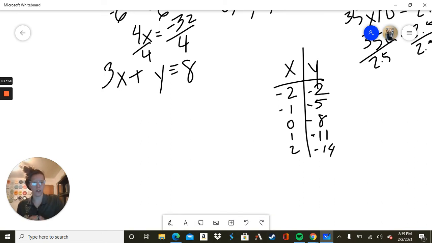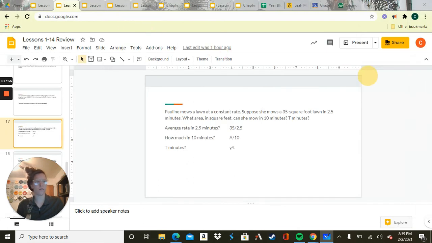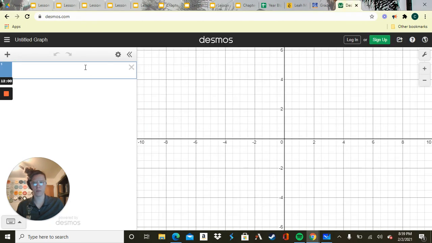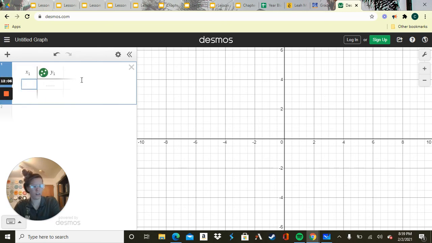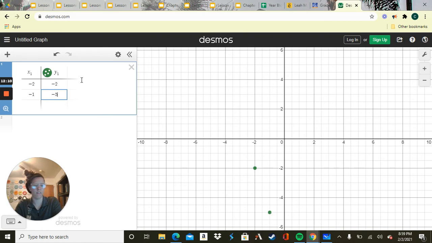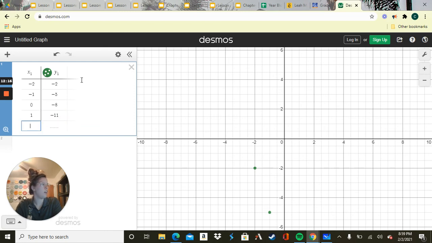Okay, now we are going to graph this. So I'm going to move the whiteboard over so I can still see it. Okay, and we're going to go to Desmos, because remember that's what we graphed. So we're going to do table, and then insert our values. So -2, -2, -1, -5, 0, -8, 1, -11, and 2, -14.